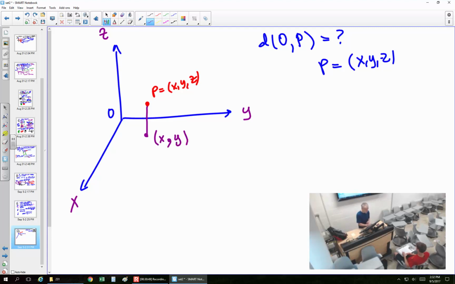So I'm going down from my point, and I go to the left to find x. Now I'm entirely in the xy plane, and the coordinates of this point are x and y. Then I do the same with the rest of them.